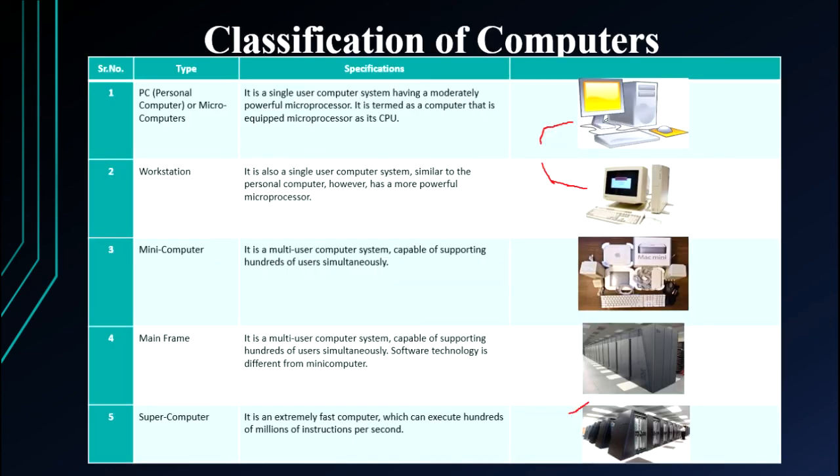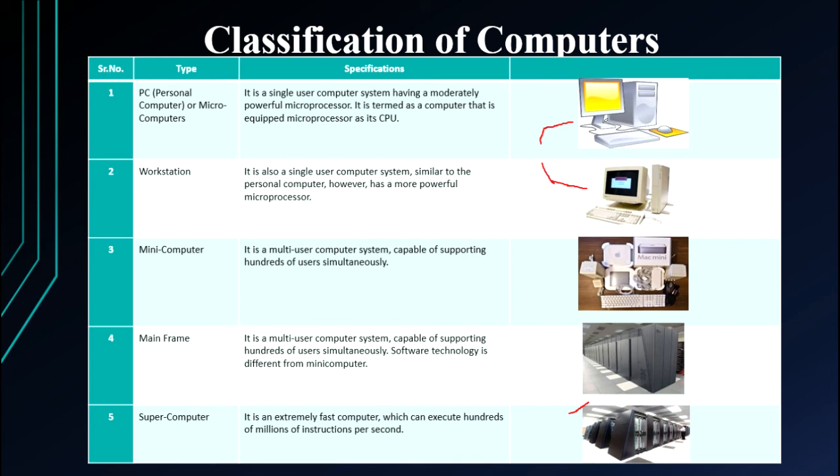Next is our classification of computers. So we have five classifications. We have personal computer, workstation, minicomputer, mainframe, and supercomputer. So to make things short, PC and workstation are very similar.